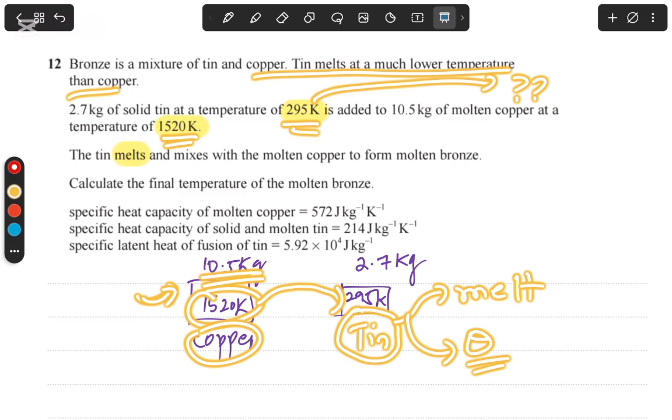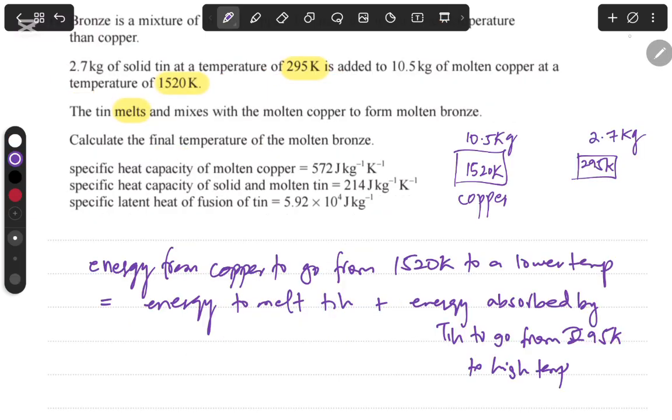So let's form an equation and then we're going to solve it. This is going to be the equation. Energy from copper to go from 1520 Kelvin to a lower temperature. The reason copper is going to a lower temperature is because it's transferring energy to the tin. And then that is going to be equal to the energy to melt the tin plus the energy absorbed by the molten tin to go from 295 Kelvin to a higher temperature.